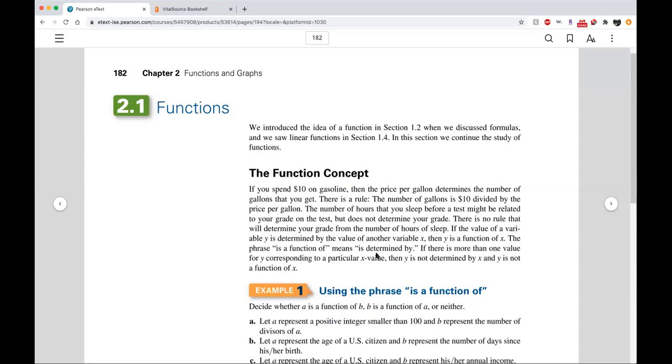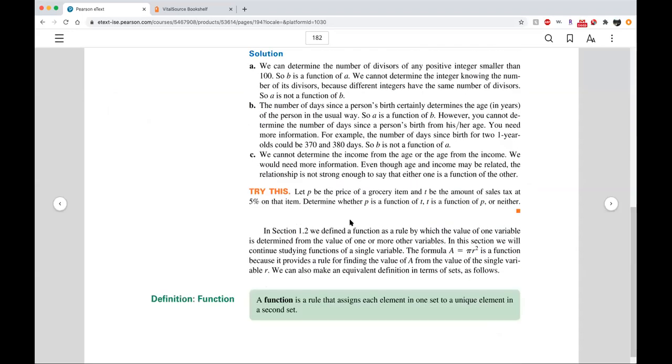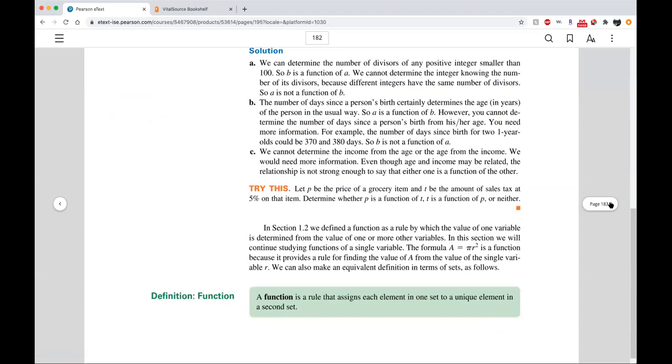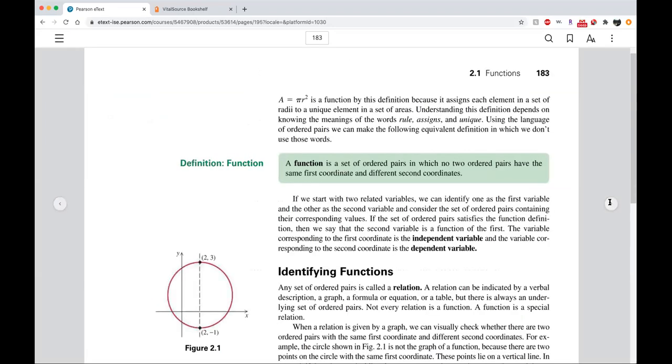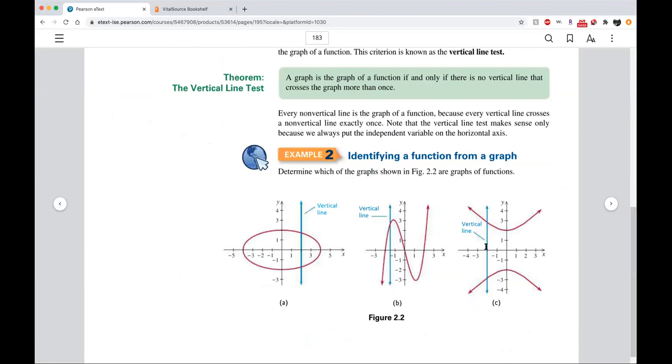All right, so 2.1, we saw example 1, right? Now, example 2: determine which of the graphs shown in figure 2.2 are graphs of functions. It's not a big deal to find the answer, right? You see that figure A is not the graph of a function.